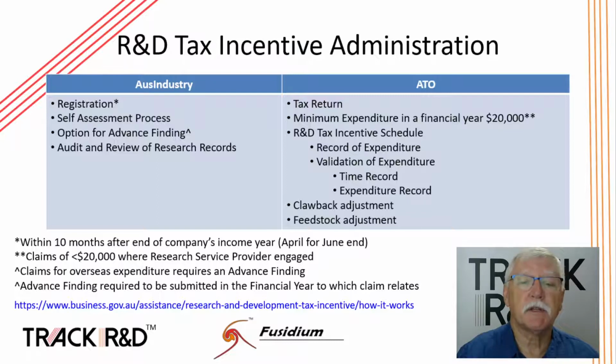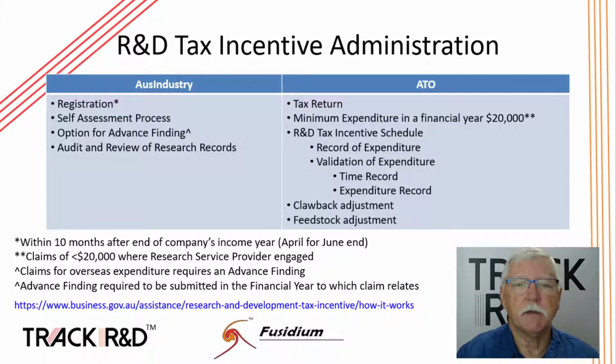They also administer two adjustments to the R&D tax incentive called the clawback adjustment and the feedstock adjustment. And again, I will discuss these further into this presentation and in other presentations in this series.